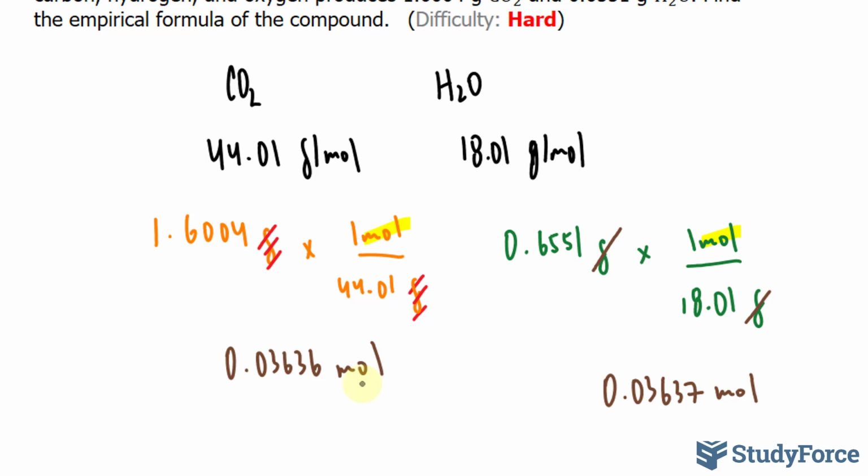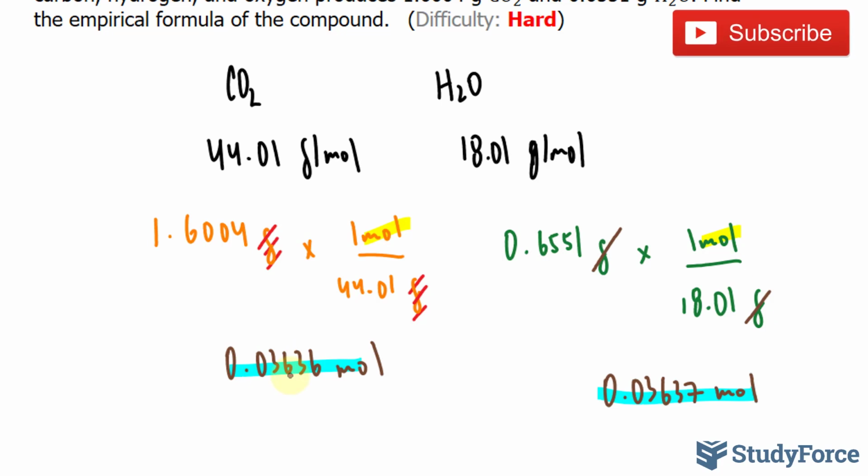Now, using these two very important numbers, which I'm highlighting, I need to find out the amount of moles of carbon and hydrogen. I can do that by multiplying this number, for example, by the amount of carbon atoms within one molecule of CO2. And here's how you do that. There's one atom of carbon and there's one molecule of CO2 here.